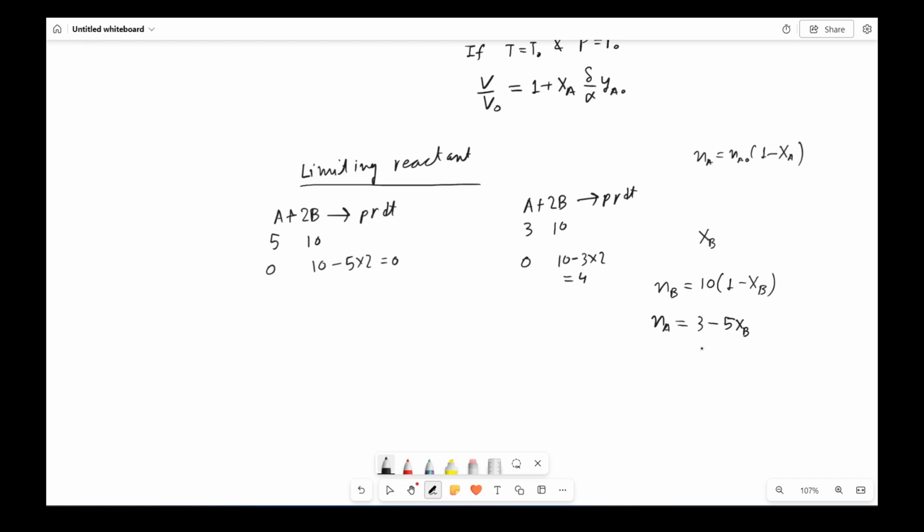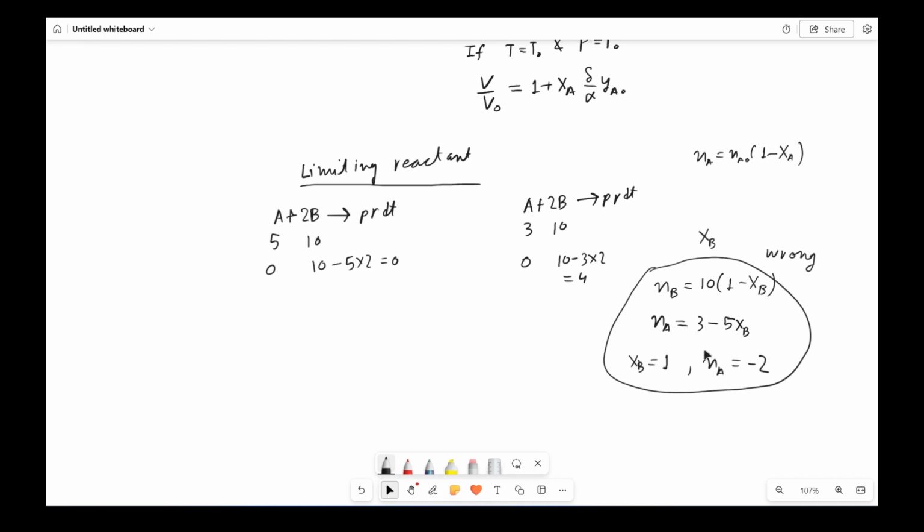Now, for Xb equal to 1, which means total conversion is 1, we get Na as minus 2. So this is wrong. This consideration is wrong. Hence we cannot choose B as a limiting reactant.